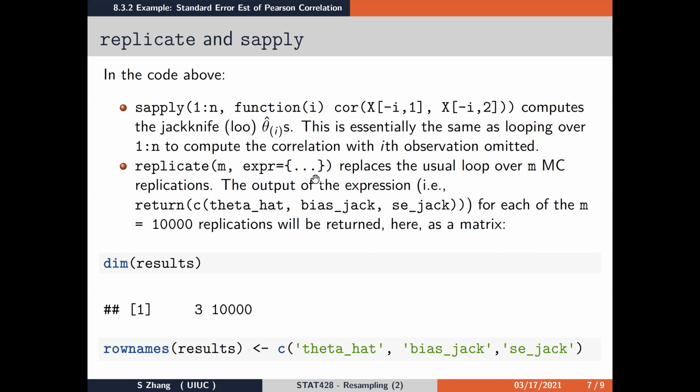The output of the expression, the last line, returns this vector of theta hat, bias jack, and SE jack. For each of the m replications, it will be returned by the replicate function, and this will be returned as a matrix.